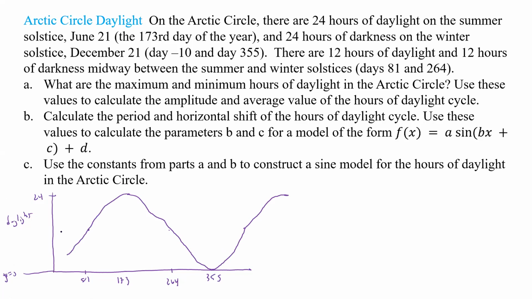And we know that the max is 24, so that's going to be our max point. So if we take 24 minus 0 and then divide that by 2, that's going to give us 12 hours, and that's going to be our D. And so 12 hours, that's going to be our average value.